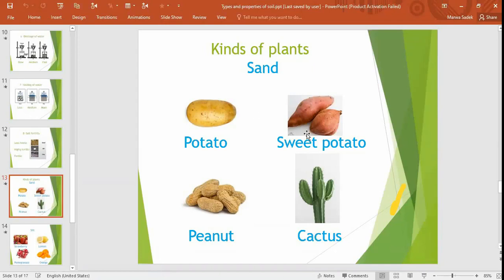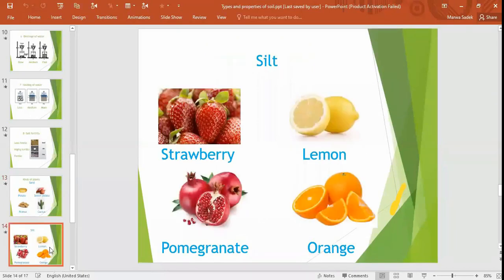Potato, sweet potato, peanut, and cactus. What about silt? Which kinds of plants grow in the silt? Strawberry, lemon, pomegranate, orange.